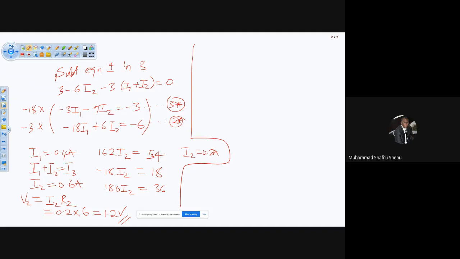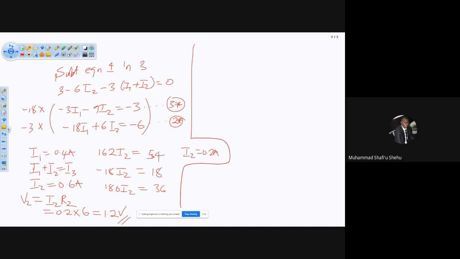One of the differences they have is mesh analysis requires the application of only Kirchhoff voltage law, while branch analysis requires the application of both current and voltage Kirchhoff law. Then the similarity they have is that they both use Kirchhoff law.